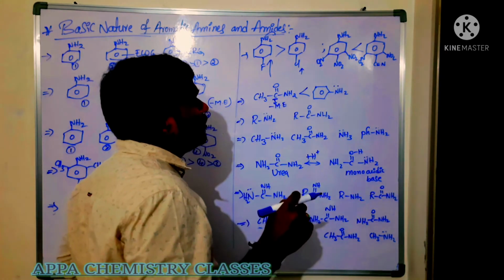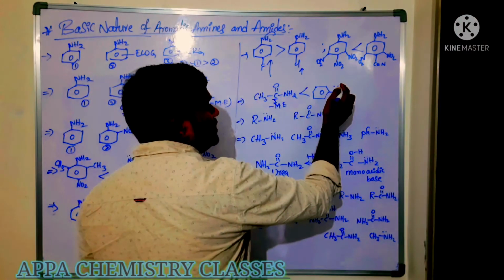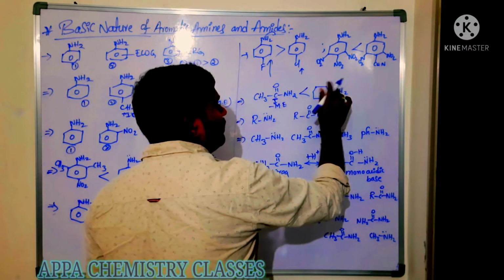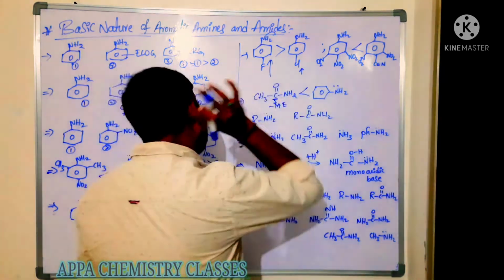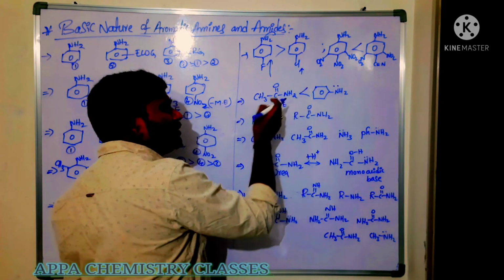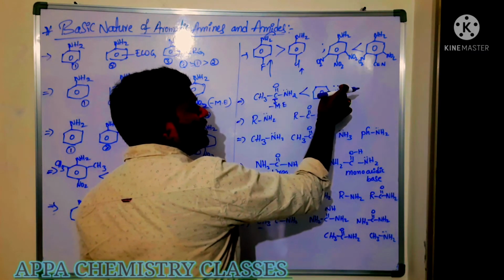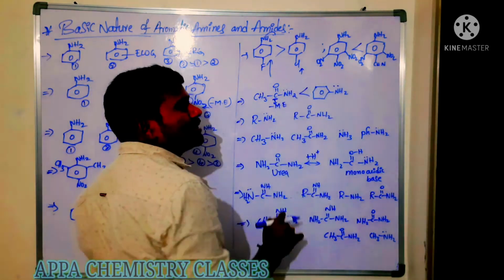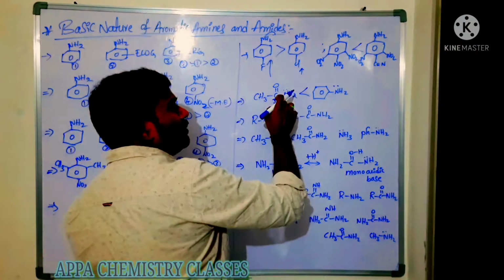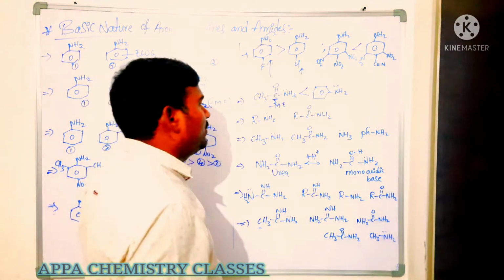Here there is no resonance, but here more resonance is there, and this lone pair of electrons is readily donated. Sorry, here what happens in this case? The minus M group is there which withdraws the electrons, which is very close. But here the electrons are not withdrawn, but those electrons are involved in resonance. So here more electronegativity on the nitrogen, so less basic nature when compared to that one.